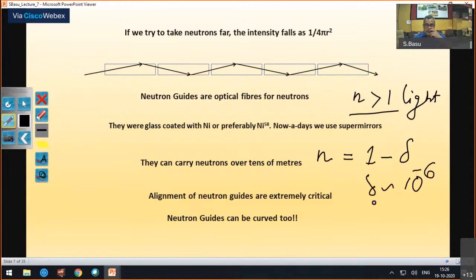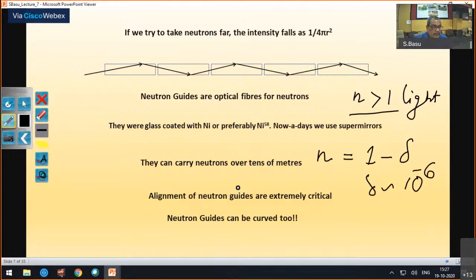So when neutron refractive index, again I am not trying to give you the basics why it is less than 1. In case of both neutrons and X-rays, this refractive index is less than 1. So for a neutron beam, like light beam, you can define refractive index of a medium. And this refractive index is mostly less than 1. Actually, because it is less than 1, light undergoes total internal reflection, neutrons undergo total external reflection.